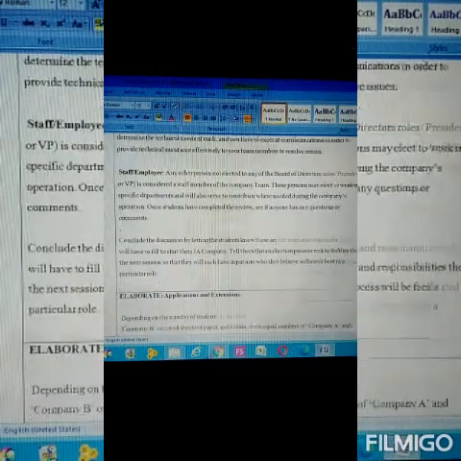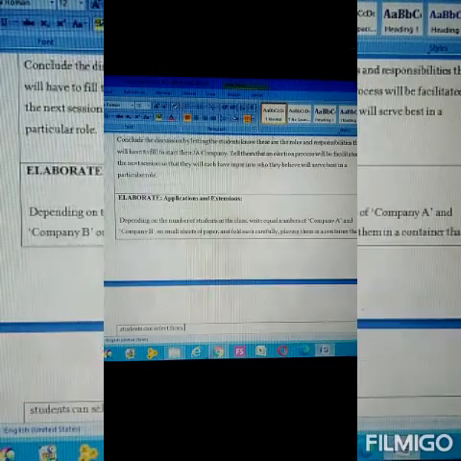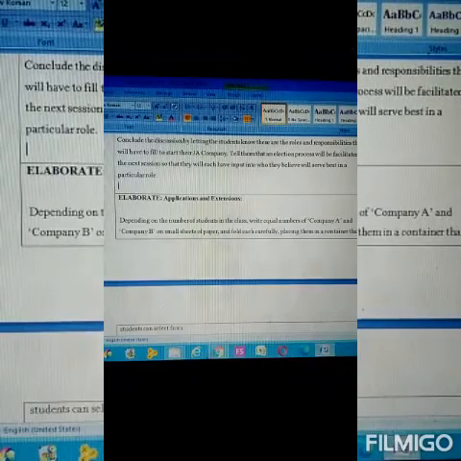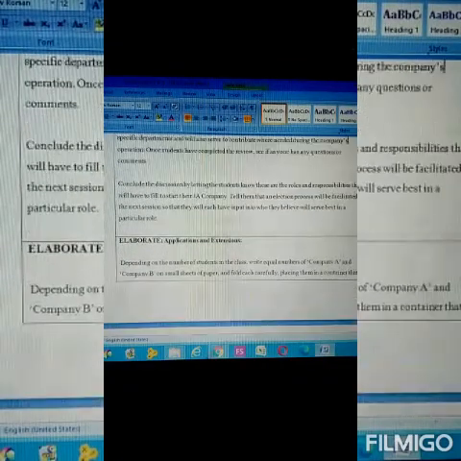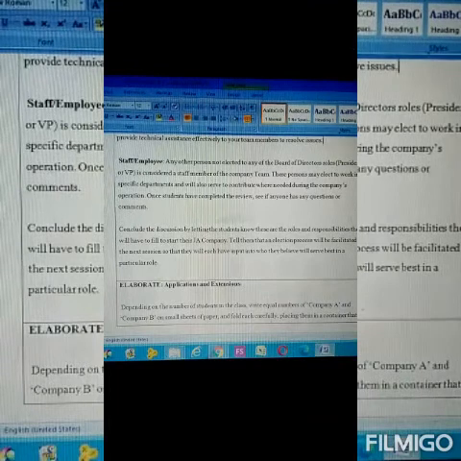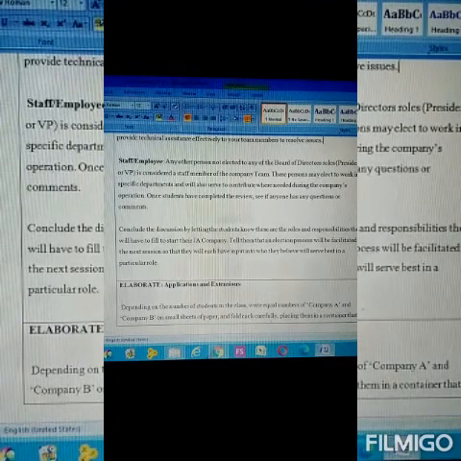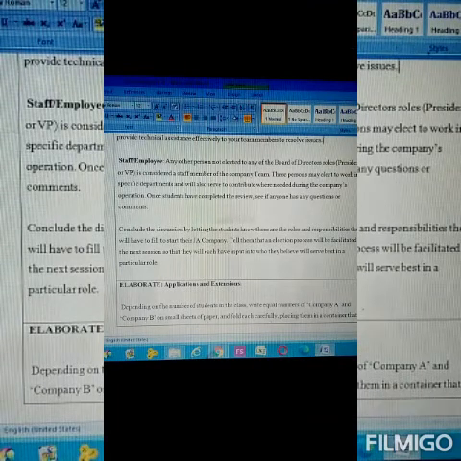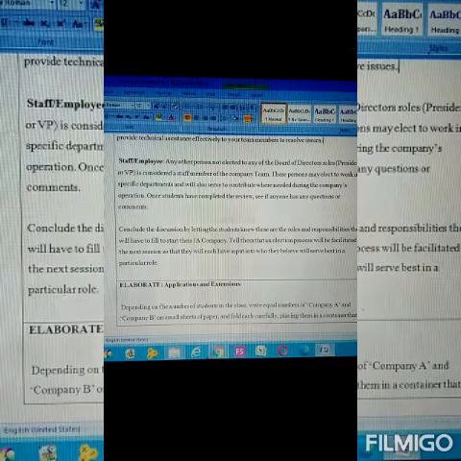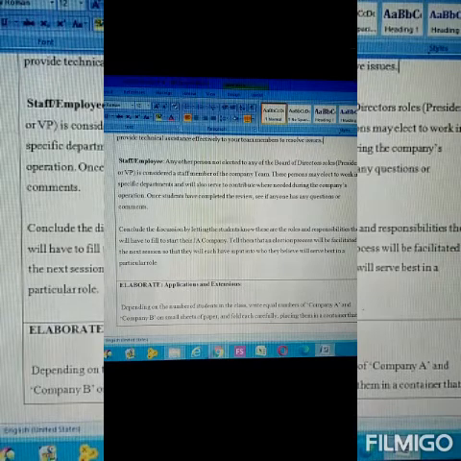And then we are going to look at one of the most important persons in the company, the employees. Wouldn't you say the employee is one of the most important persons? Because without them, the work cannot get done unless we're going to use machines. So employees are any other persons not elected to any of the board of directors roles, president or VP. They're considered to be staff members of the company.